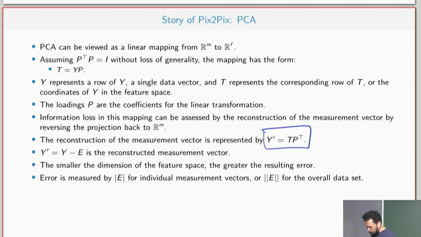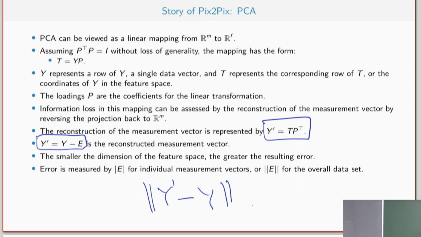Then you may want to compare the reconstructed one, Y prime, with Y, and see that the reconstruction has a minimum norm of error. So PCA is a kind of compression technique where I may compress the data and then decompress it back and check whether the decompressed data is good or not.